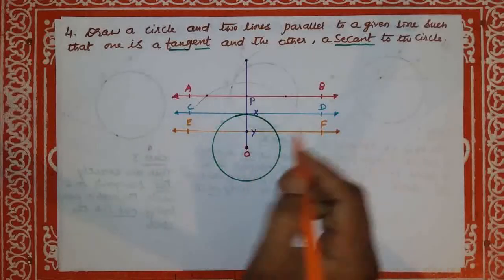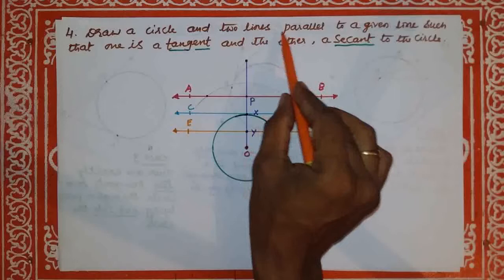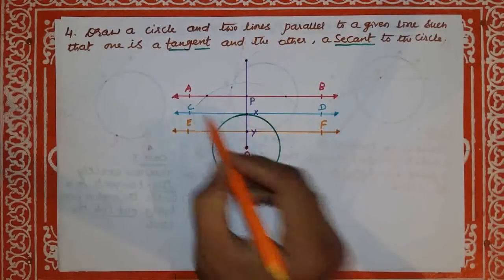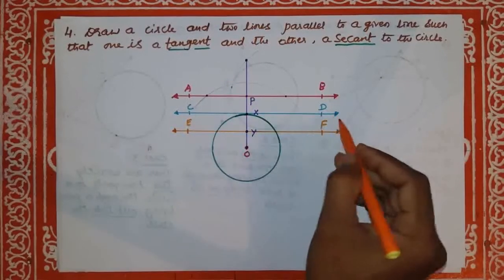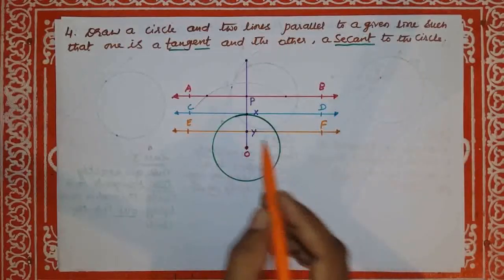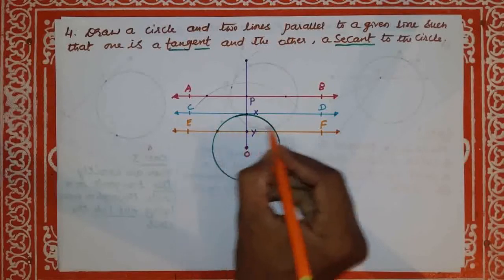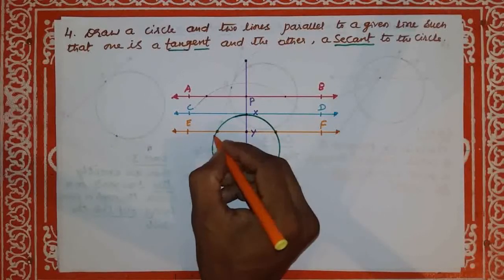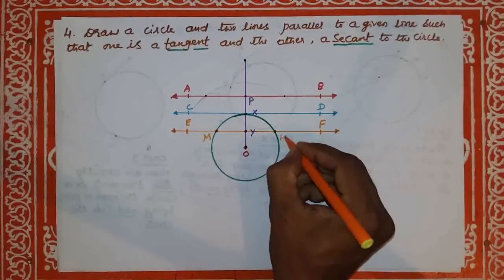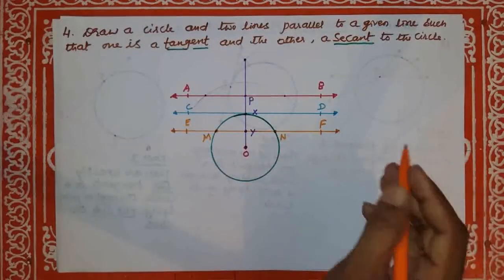So what we have done here: we drew a circle and two lines parallel to a given line such that one is a tangent. Which is the tangent here? CD is the required tangent, and the other is a secant to the circle. What is the meaning of secant? It passes through two points, and we can name them M and N. See here, EF is a secant. Got it?